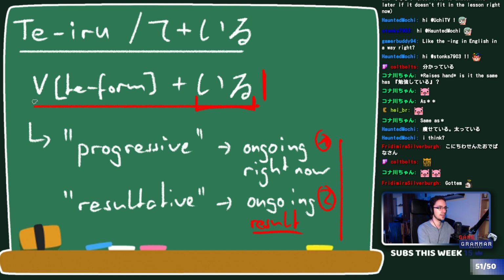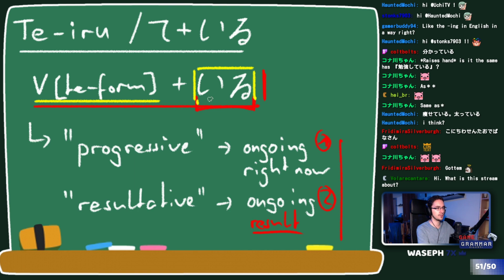Like this one here, after we've put it into the te form and added something else, this will stay. This is not going to change anymore. If we want to keep conjugating, we will focus on the auxiliary instead. So this is what we will change if we wanted to conjugate further.